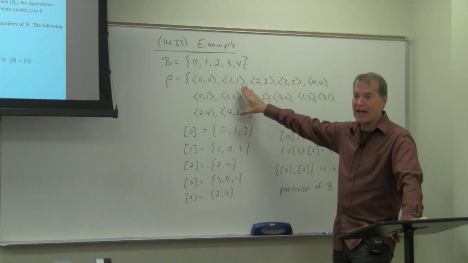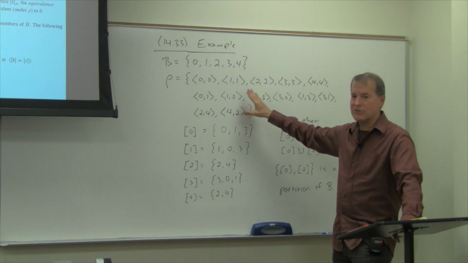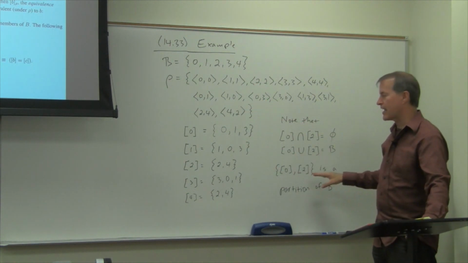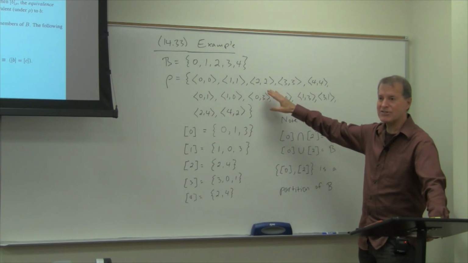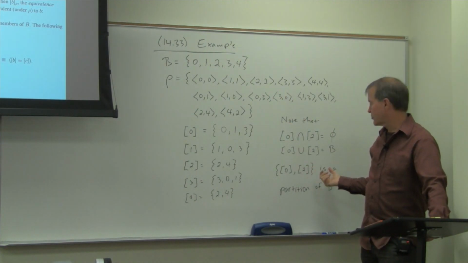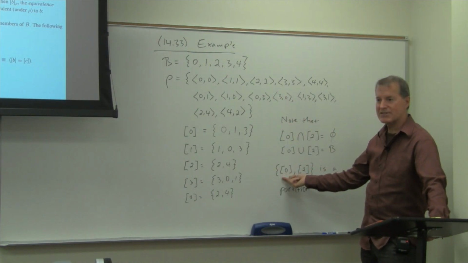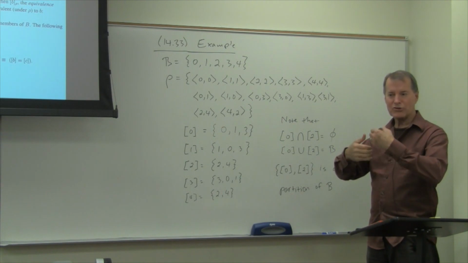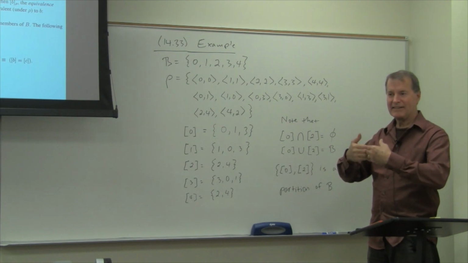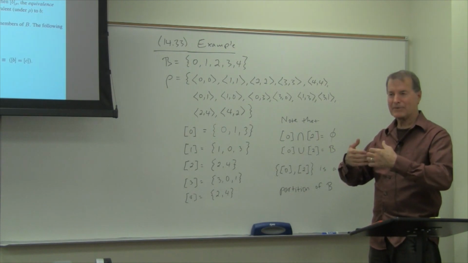Anytime you have an equivalence relation, that equivalence relation defines a partition of its elements. It partitions its elements into these subsets, and these subsets are mutually, what am I trying to say?